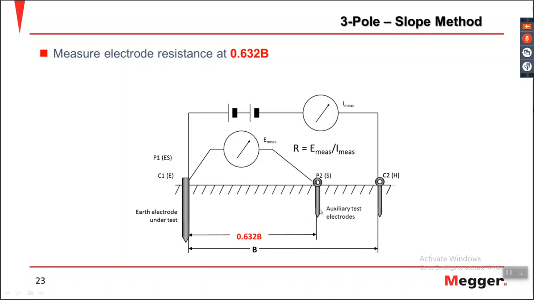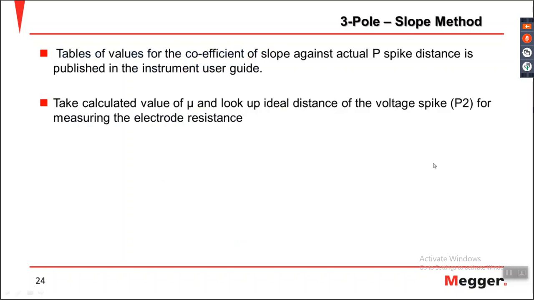This is the actual measurement. Then we confirm if you put it here, it will not be affected by interference from any electrode. This is the slope method. So you need to do 3 measurements, and then you need to do some calculation to define the proper distance here.